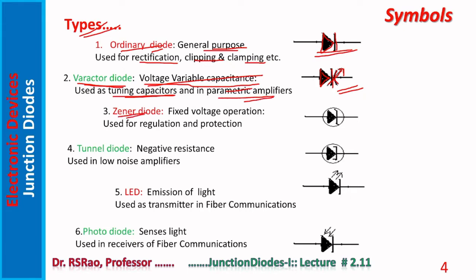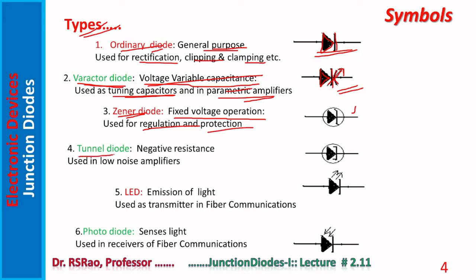Zener diode, this is another special diode. It is used for regulation purpose, voltage regulation purpose. Fixed voltage operation is the result when we use Zener diode as regulator. Symbol is shown, ordinary diode modified by adding Z, used for regulation and protection.